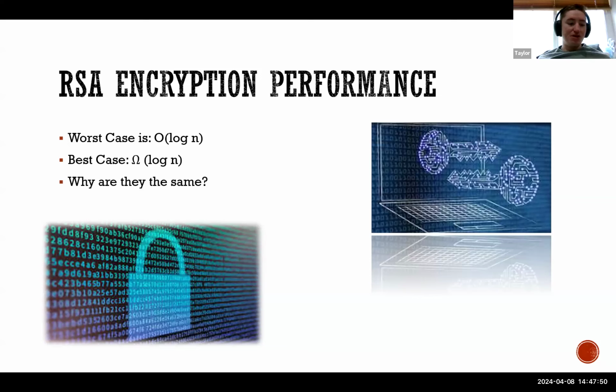The worst and best case scenarios for RSA encryption are the same because of the time complexity, which is O(log n) and Omega(log n). But it's primarily determined by the modular exponentiation step, which has a time complexity of O or Omega log n, where n is the modulus.